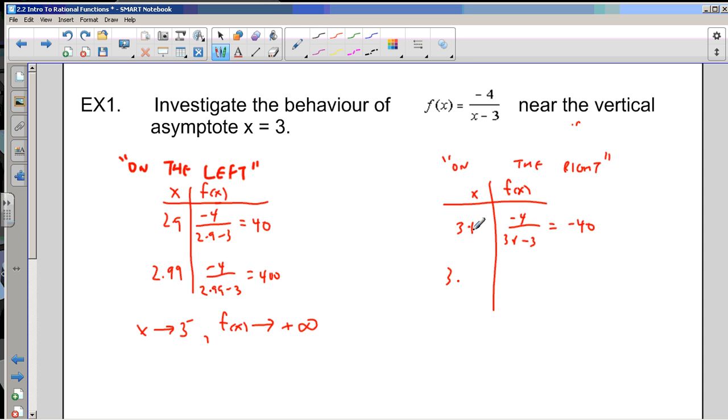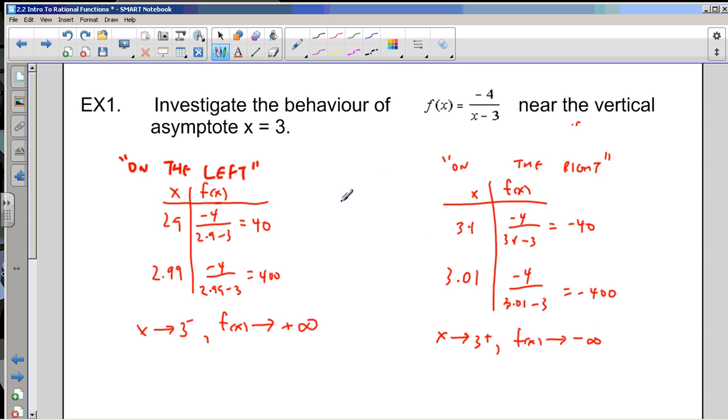What's even closer to 3 but still bigger, 3.01. And again, I could get as close as I possibly wanted and never quite get there. But I get an idea, right? What's happening here? As x approaches 3 from the right, f at x is going towards negative infinity.